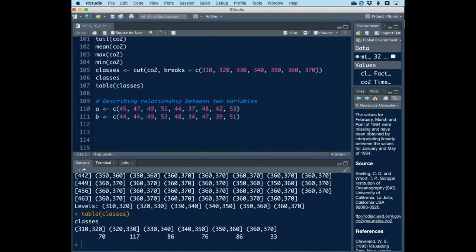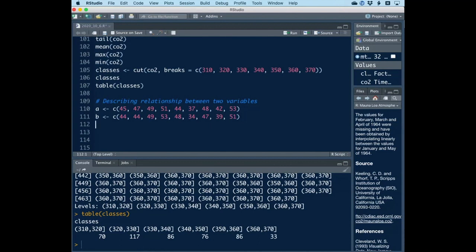What are these vectors? They represent, at least I intend them to represent, the result of chemical analysis relating to the content in oil of sunflower. So I took 1, 2, 3, 4, 5, 6, 7, 8, 9 samples, sunflower samples, and measured the oil content with two different methods.